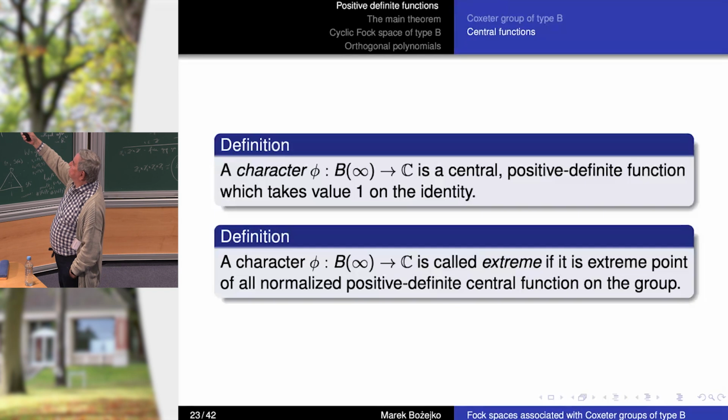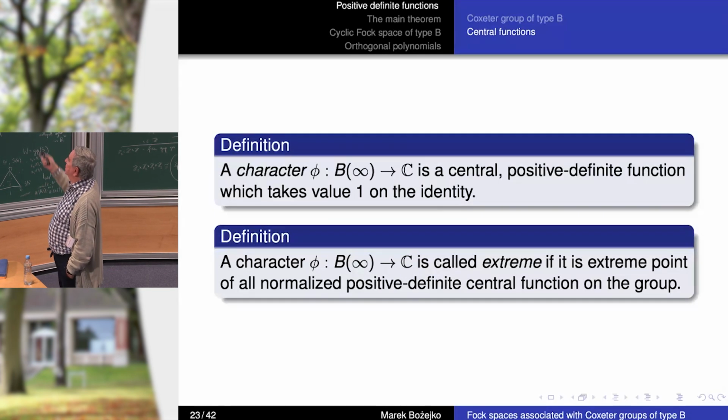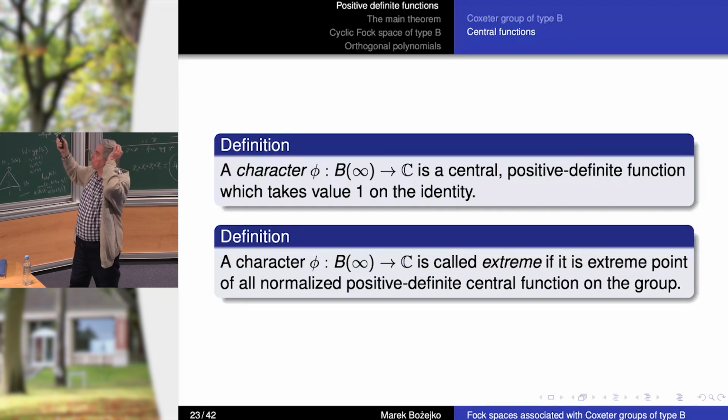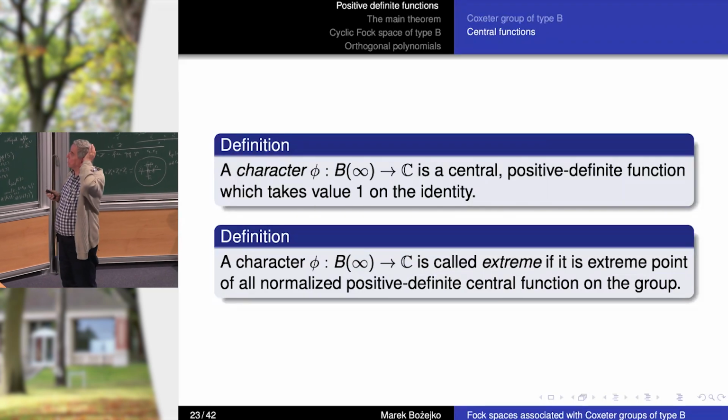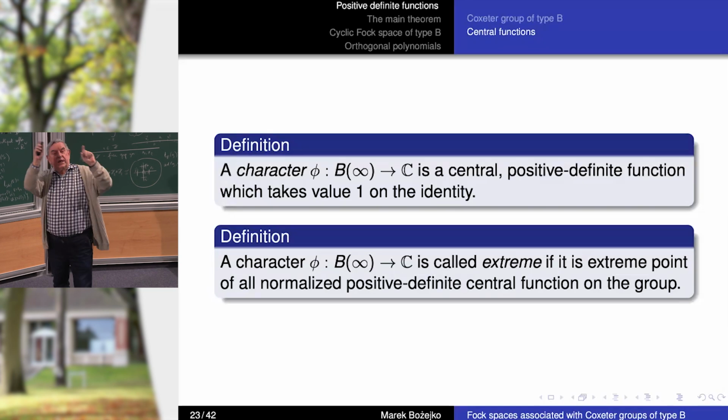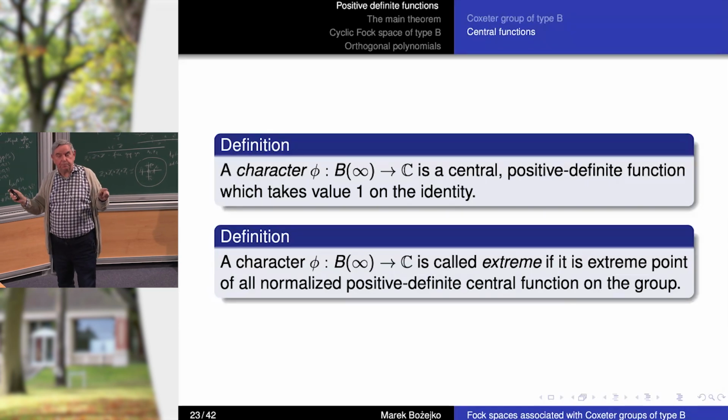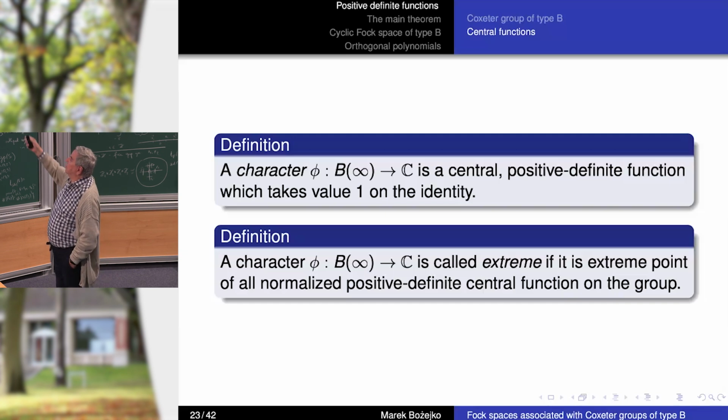And now we come to the positive definite, with positive definite and central meaning constant on conjugacy classes is called a character. This is the definition by Professor Thoma. But among the characters the extremal ones are important: extremal points among the set of normalized ones, I mean identity is one, and these we call Thoma characters.